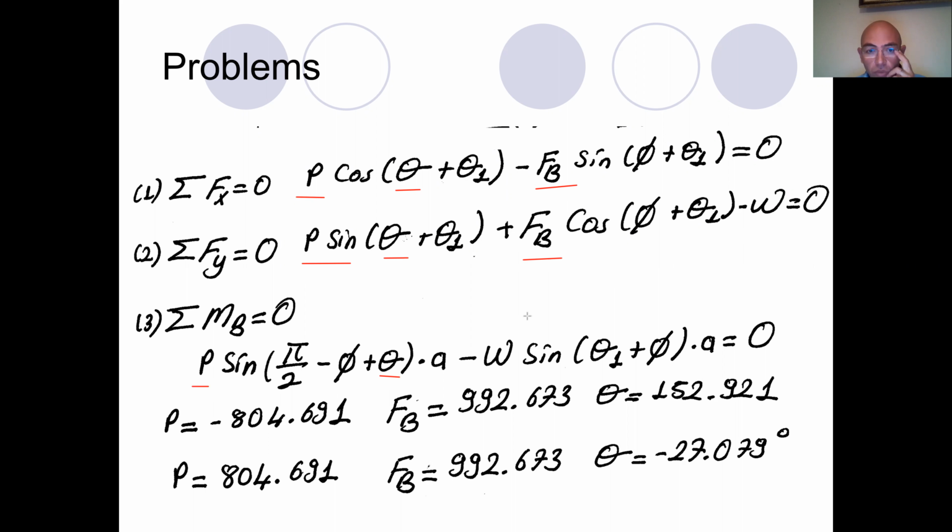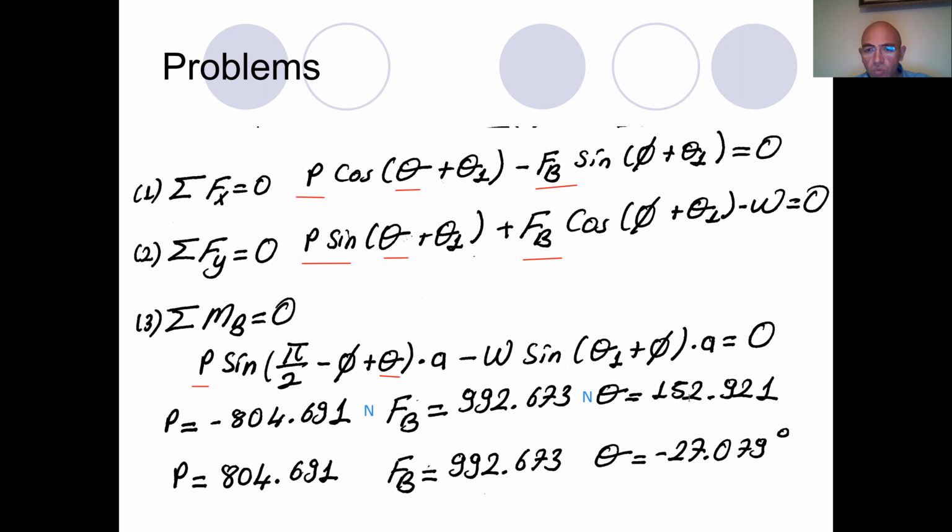By doing some algebra, I will not get into that one. You can solve these three equations, and in fact, you will find two different results. The first one is P is equal to 804.691 newtons. We have to write the units. And FB will be 992.673 newtons.